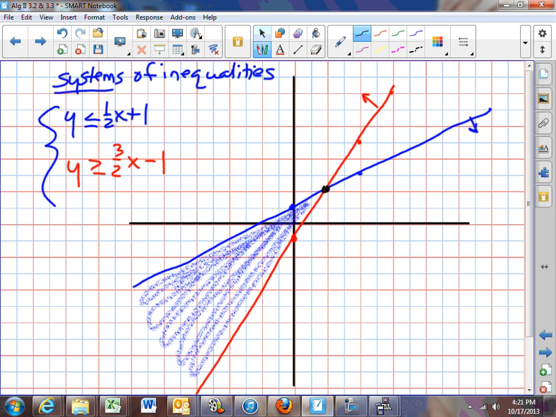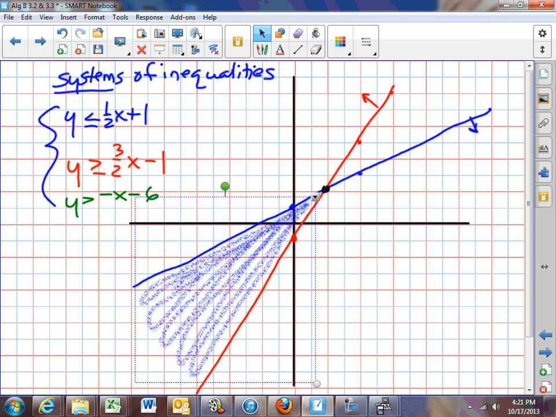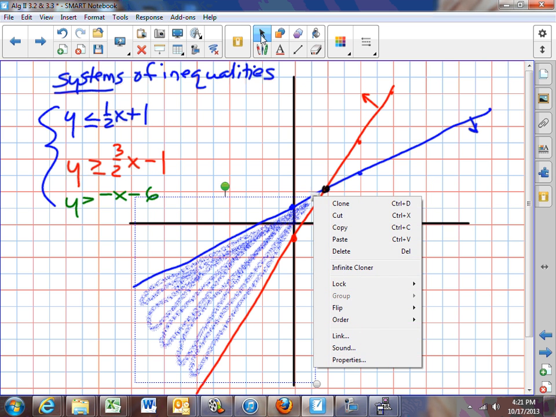Now, let's change the system just a little bit, and let's go ahead and add a third inequality. How about y is greater than, and let's just leave it greater than, so we'll have dotted, negative x minus 6. Now, if we had that third region, then this shading really does need to go away at the moment.